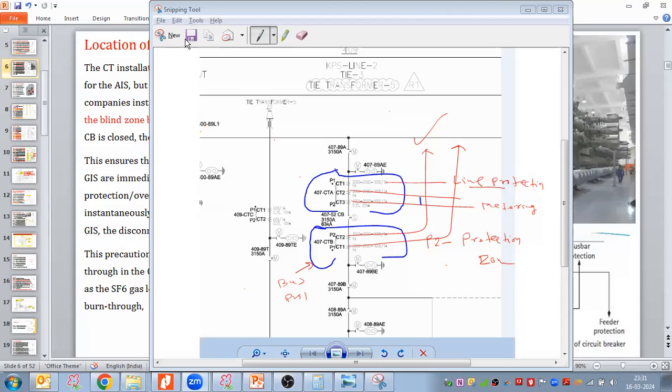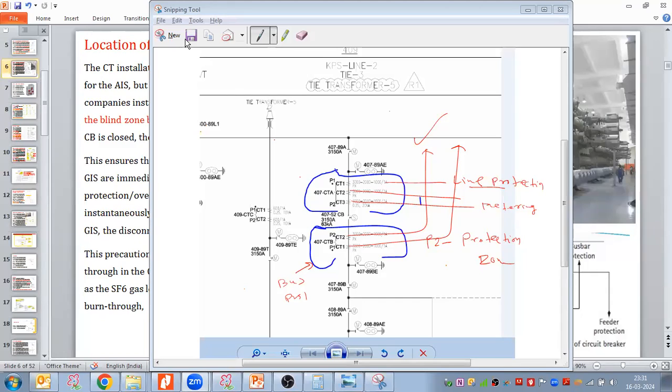Earlier we were placing CT on both sides of the breaker, but nowadays we do not place CT on both sides. We place CT on either one side of the breaker, and core we are allocating. Means any side is okay, sir? Yes.